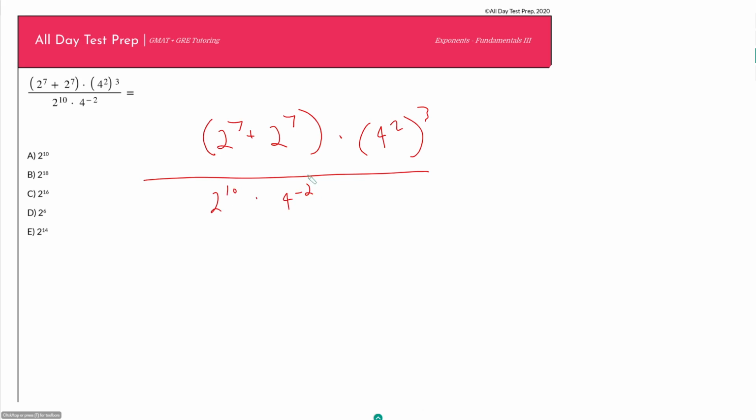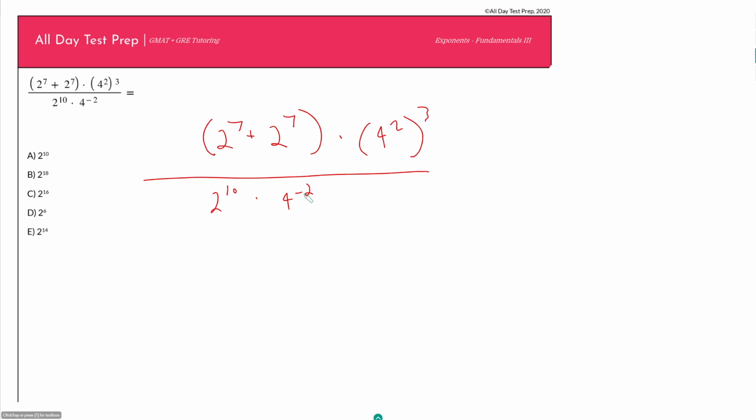So one thing to note here is I have 2 different types of terms in this fraction. I got these base 2 exponents, and then I have these base 4 exponents. So one thing you might note is that this base 4 is really just a bunch of 2's, because 4 is equal to 2 squared. And so I have a bunch of 2's buried in here.